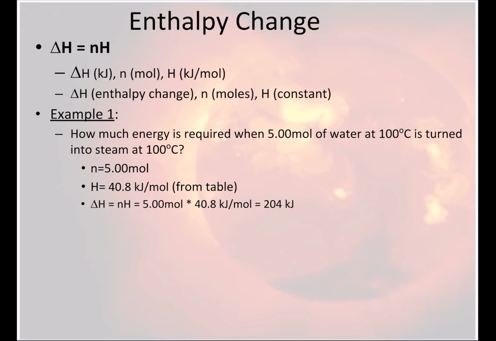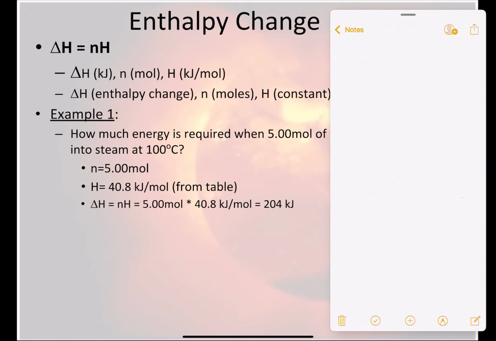Now, a lot of times in these types of questions, you might be asked how much energy is required when instead of 5 moles, you have something like 100 grams of H2O, and you would have to go through the process of changing 100 grams into moles by dividing by the molar mass of water.